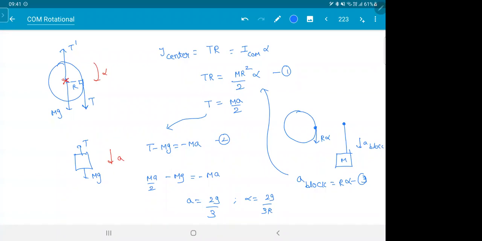Force equation, if you see FBD, acceleration and alpha defined, relation between them, that is the second step.